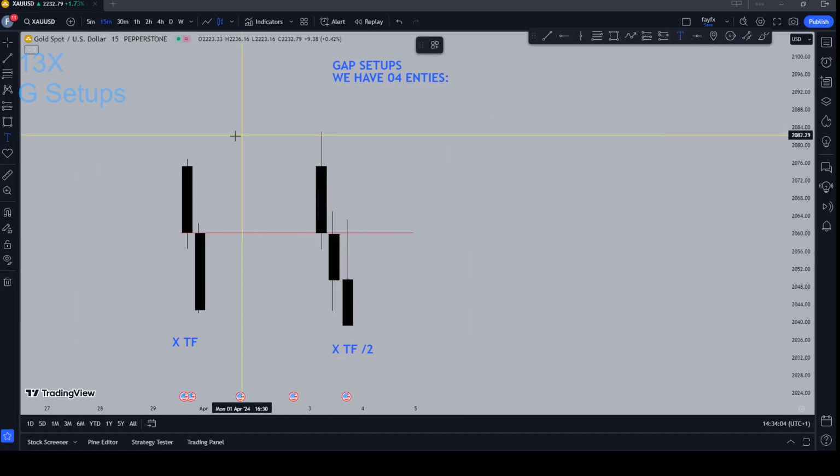So this one we call a gap to gap CC. This is the first one.